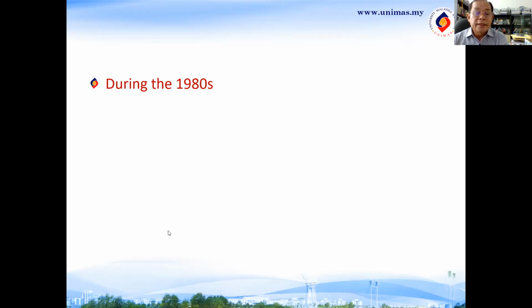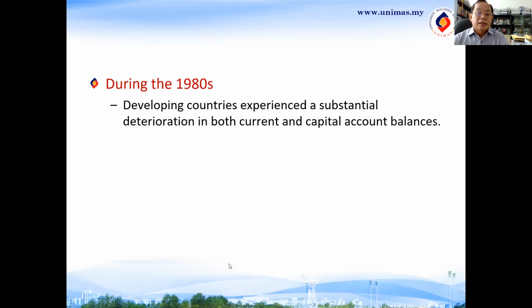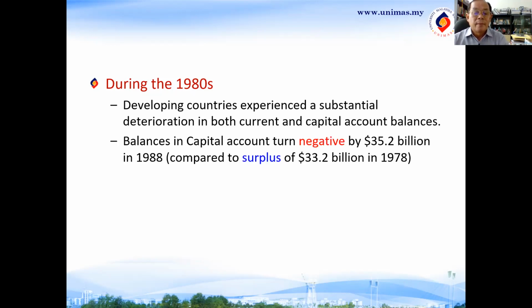Dan in the 1980s, ya, most developing countries experience substantial deteriorations, ya, keadaan yang buruk terhadap both the current and also capital account balance, ya, kurang baik maksud saya, kepada account semasa dan juga account modal tadi, ya.